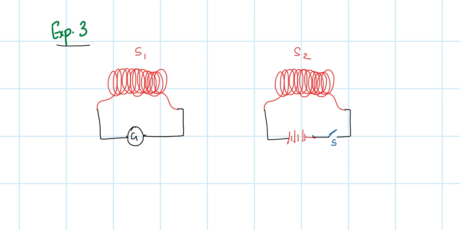This rise in magnetic field through the first coil S1, this changing value of the magnetic field due to S2 in the region where S1 is kept induces an EMF inside the coil S1, or the circuit that consists S1, which means there is a galvanometer deflection shown over here.